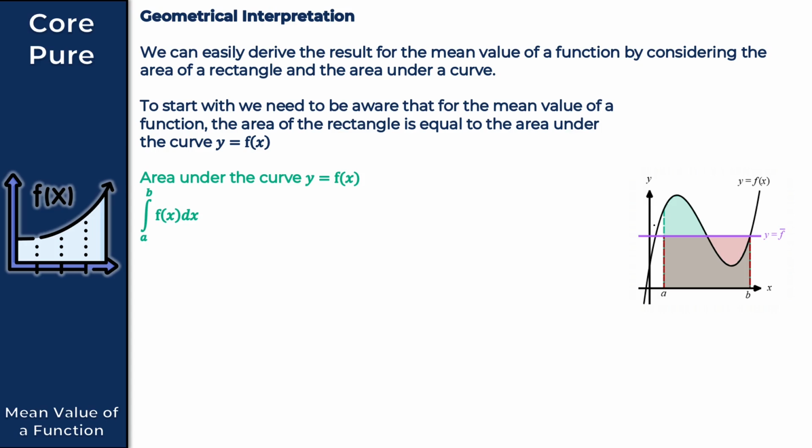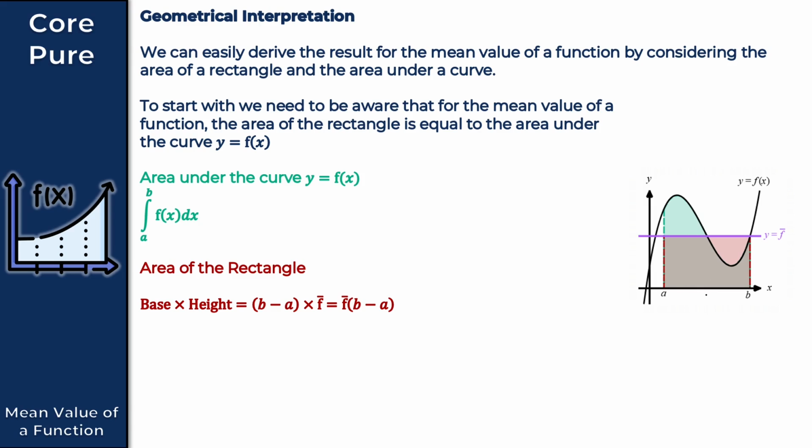So the area under this curve, y equals f of x between a and b, is given as the integral of f of x with respect to x from a to b. So as I've already mentioned, that should be pretty straightforward. As a concept, it's just basic A-level maths integration. And the same is true for the area of the rectangle. In fact, that should be pretty much elementary at this point. So just base times height, right?